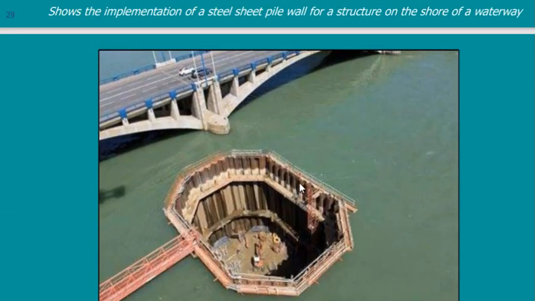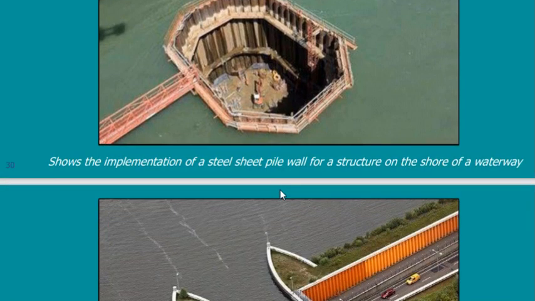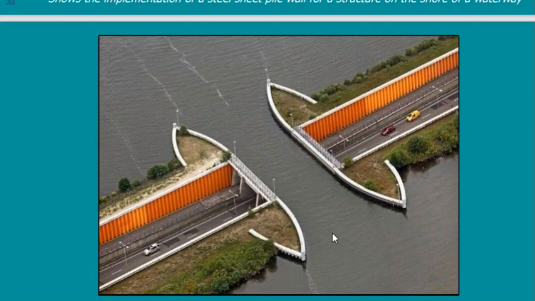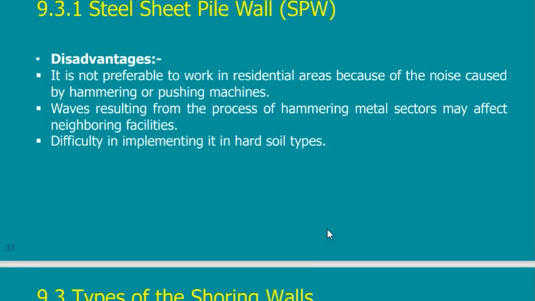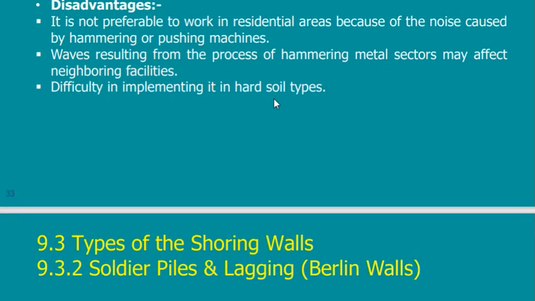Another example, this is a very famous picture. Inside the sea, and here this is an equipment. At least you can say that it is about 20 meters below the sea. Another example. You have lots of examples for that. All of these are sheet pile walls.